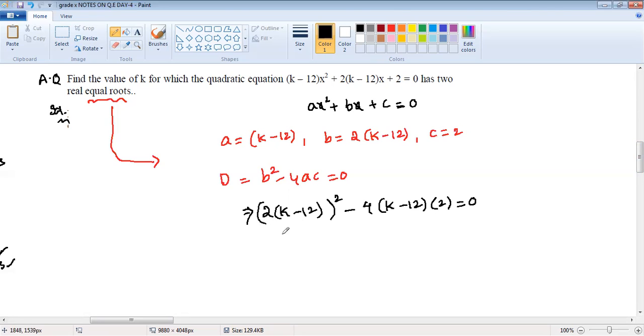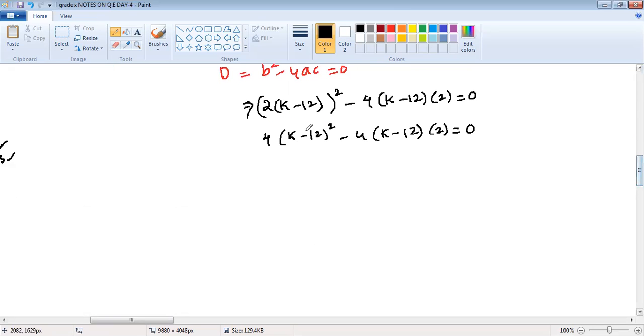Now try to open the bracket. 4 into k minus 12 whole squared, minus 4 into k minus 12 into 2, equals 0. Now, you would be supposed to open this and simplify again to find the roots.